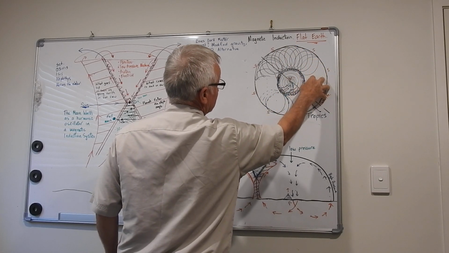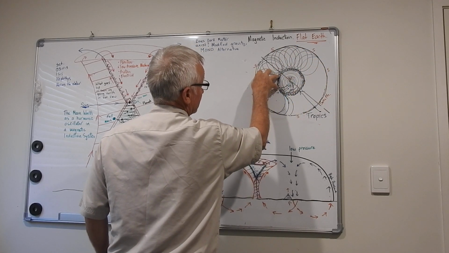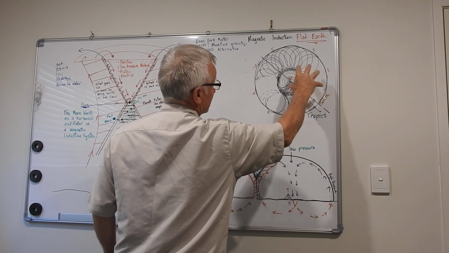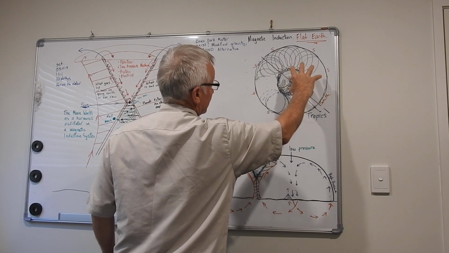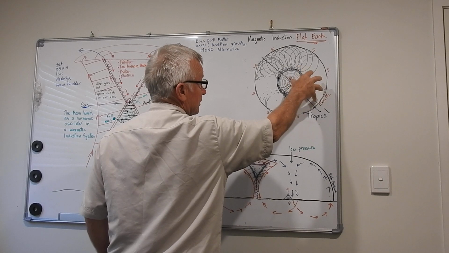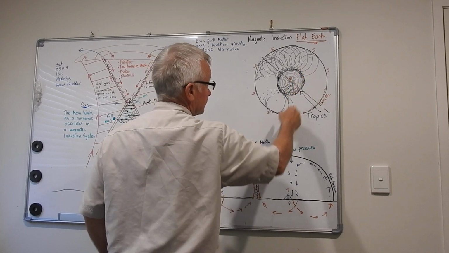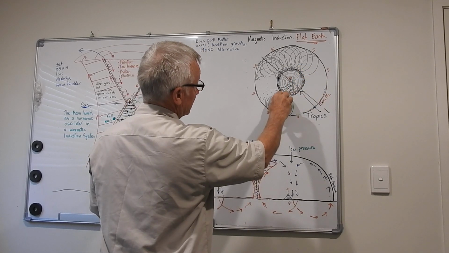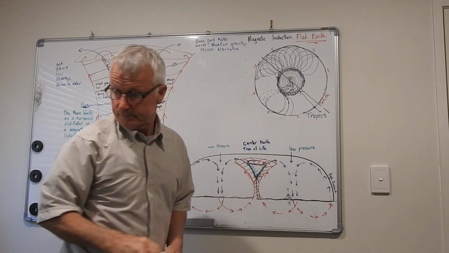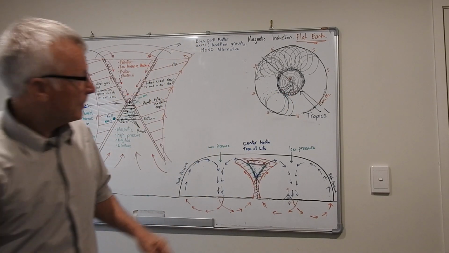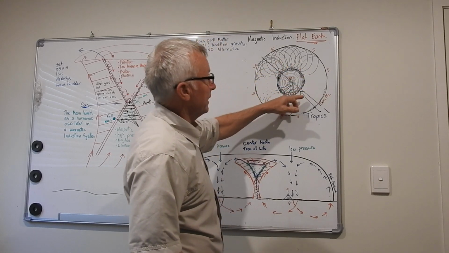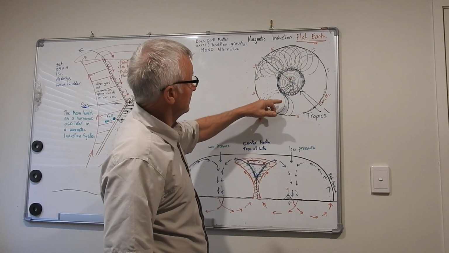Your rotation is different to this guy's rotation. It will be slightly twisted. It'll be turned more in its 360-degree rotation, because this southern rotation is turning all the way around here over 24 hours.